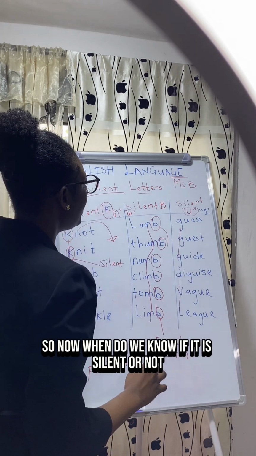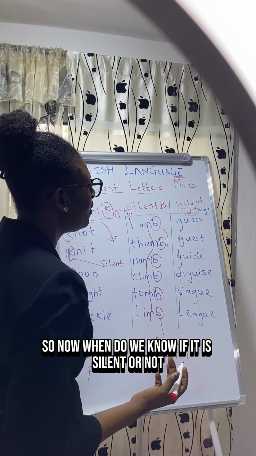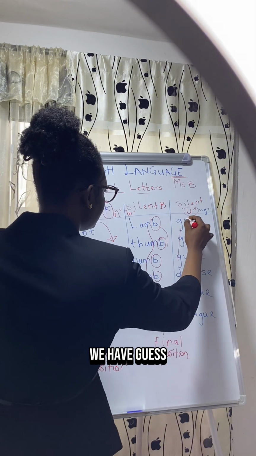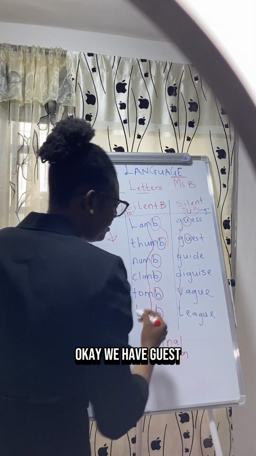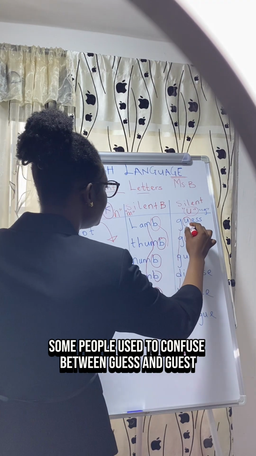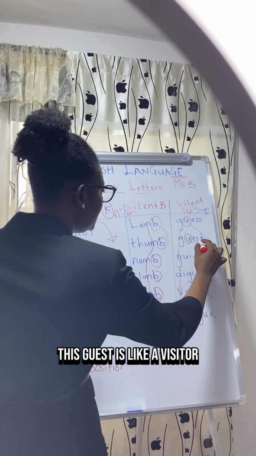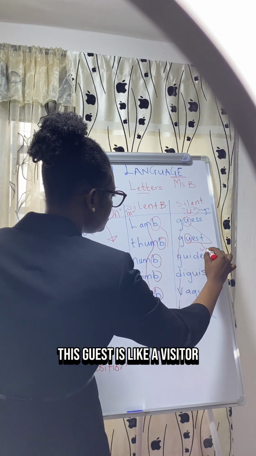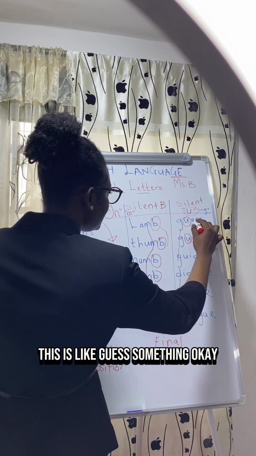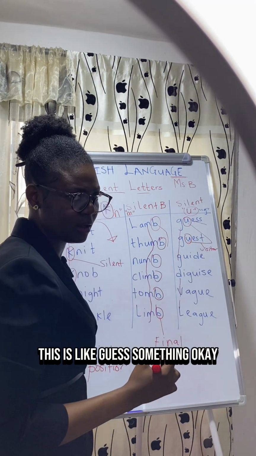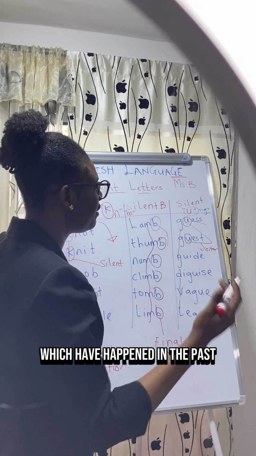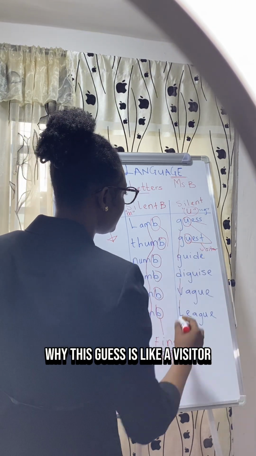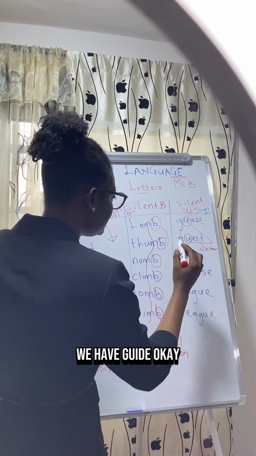So now, when do we know if it is silent or not? We have guess. We have guest. Some people used to confuse between guess and guest. This guest is like a visitor. This is like guess something, when you want somebody to predict or to anticipate something which has happened in the past, while this guest is like a visitor. We have guide.